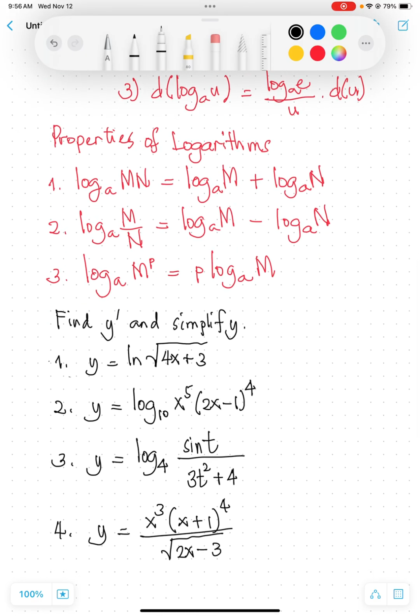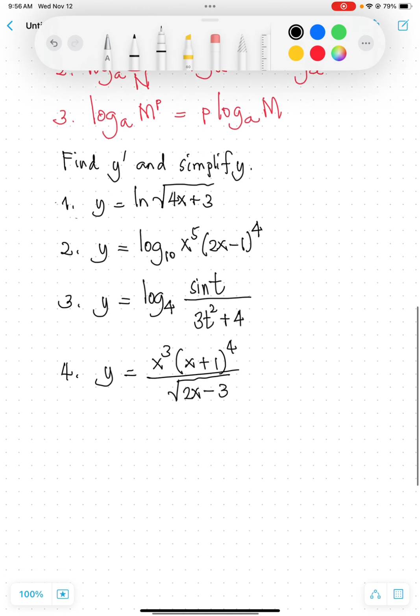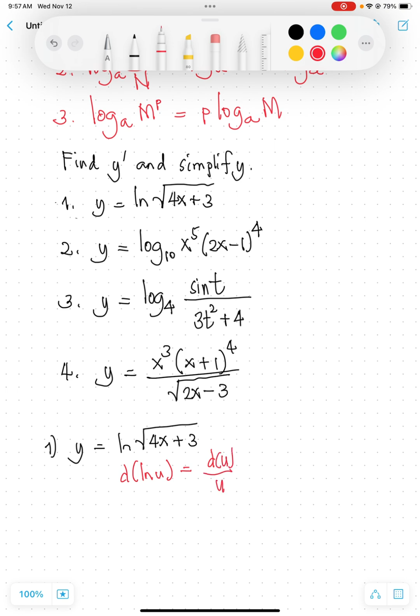So find y prime and simplify. Number 1, we have y equals ln of square root of 4x plus 3. So we're going to use the rule for the derivative of ln of u. Derivative of ln of u equals derivative of u divided by u.